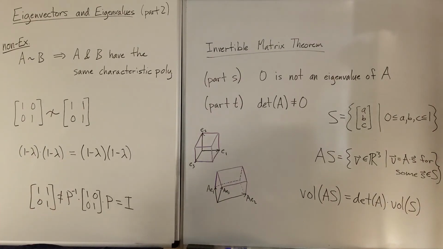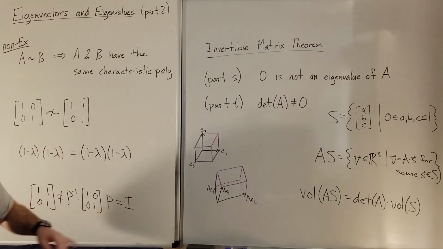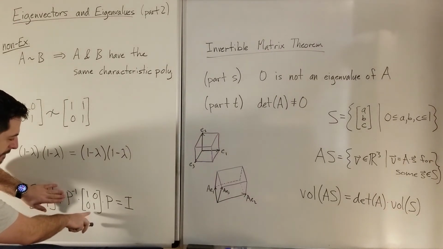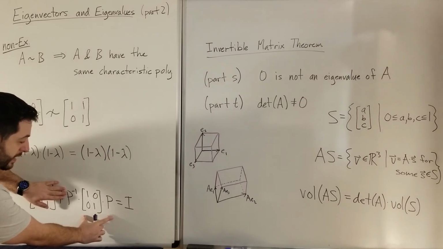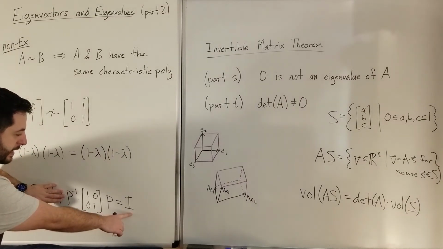So that's one way to say it. Here's the actual matrix definition that we have. Remember, similarity says that one should equal P inverse times the other times P for some invertible matrix P. And I want to just state that if you have the identity in here and you multiply it by P, then this product right here is just P. The identity times P is P. And you multiply P by P inverse, you should get the identity.